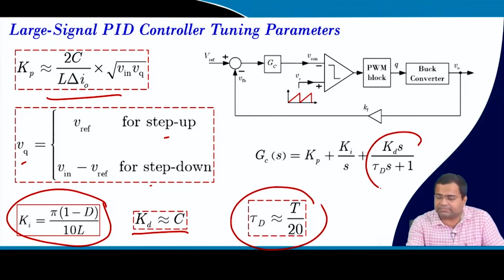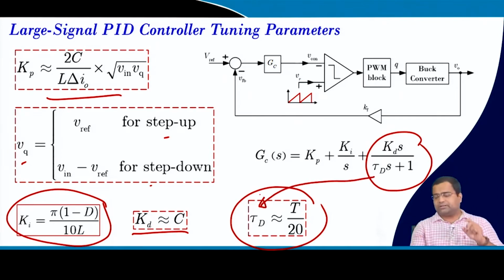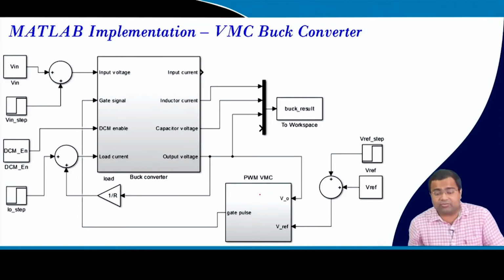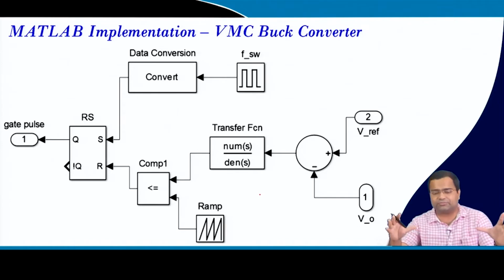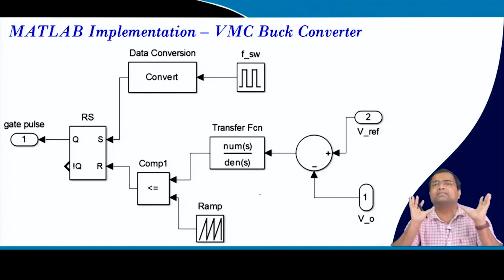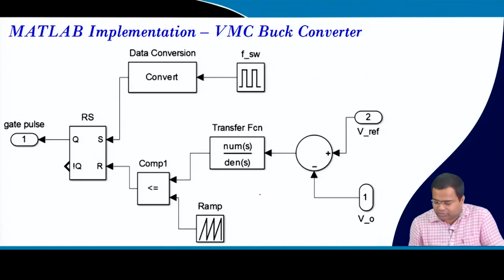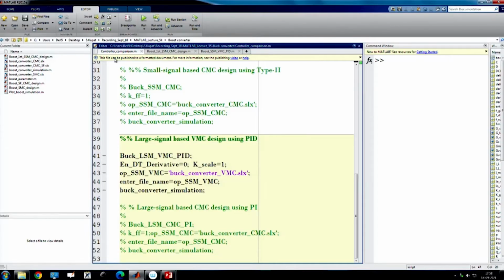Because of this band limited derivative, the time constant should be much smaller than the switching period, that we have also discussed. And we know the voltage mode control implementation, output voltage, reference voltage. So, it is exactly the same as the regular voltage mode control, where we are only applying the large signal tuning. Okay. So, let us go to the simulation model and check the performance comparison.